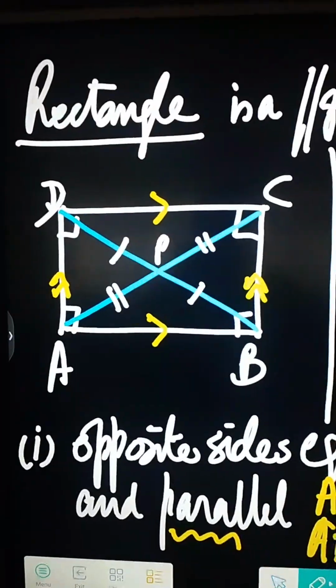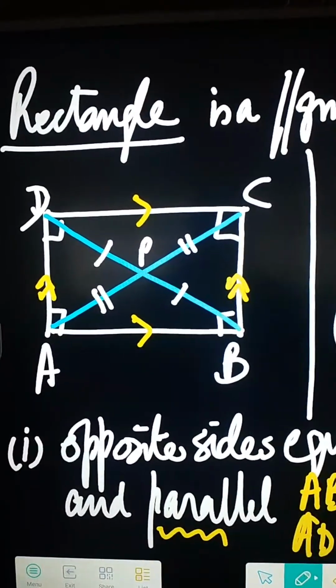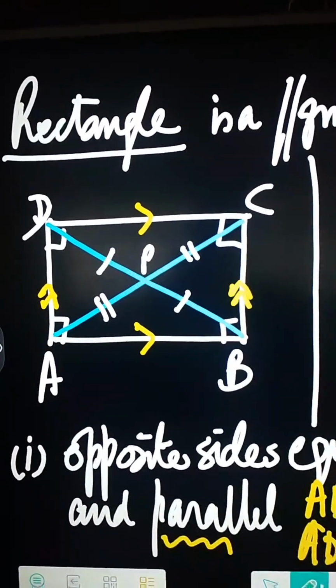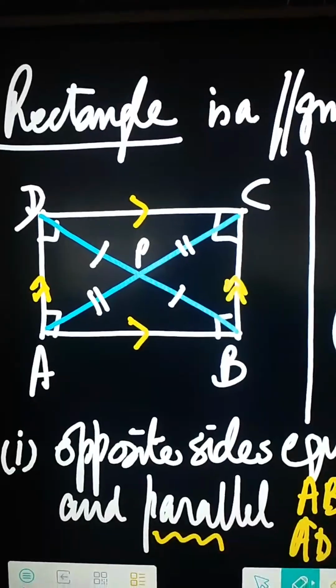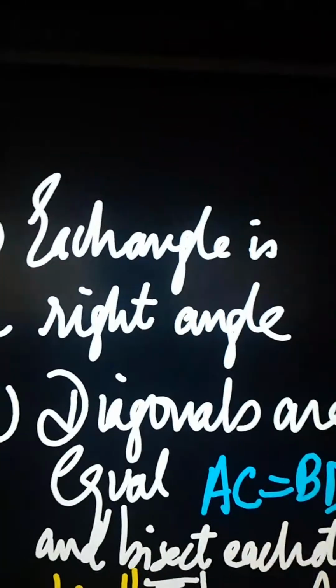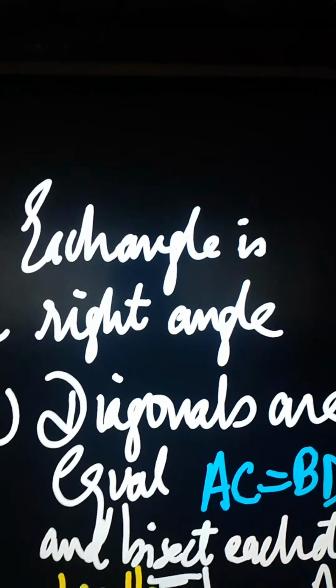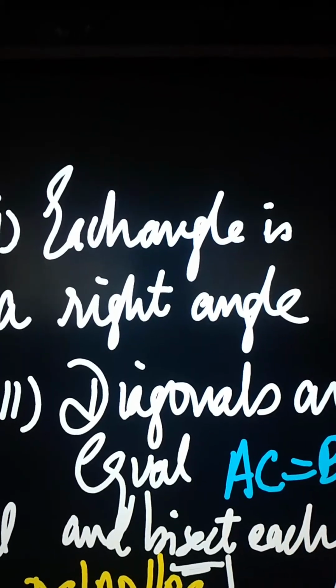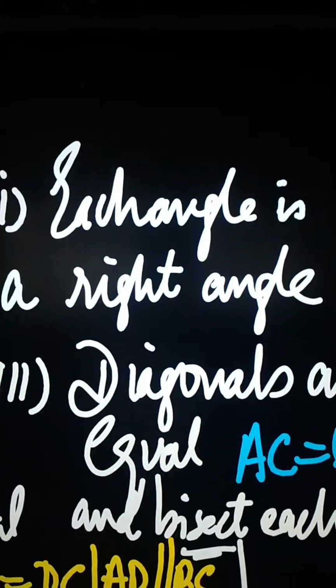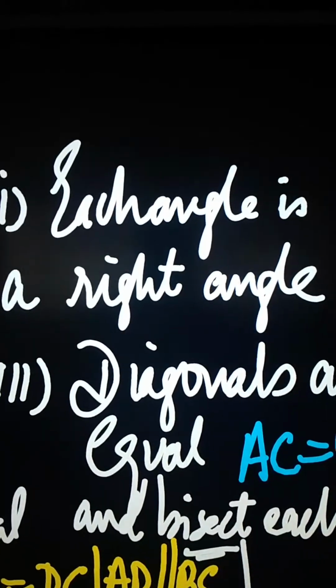Opposite angles are equal means angle A is equal to angle C, angle B is equal to angle D. But since each angle is a right angle, every angle of a rectangle is 90 degrees. This is a property of a rectangle.